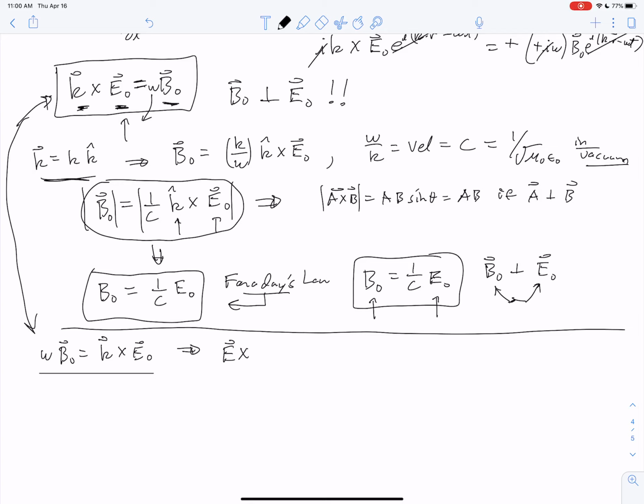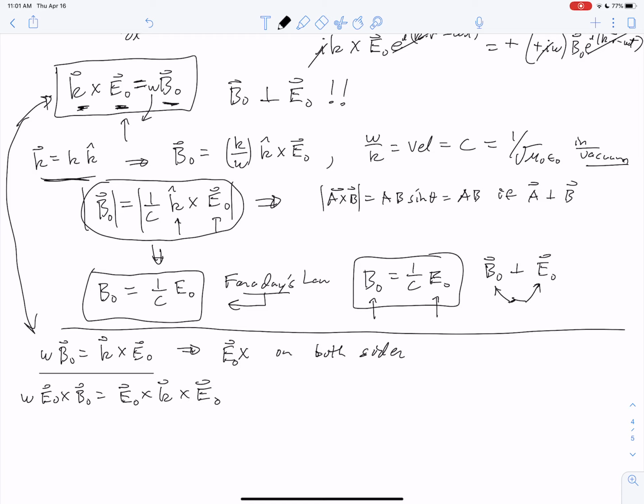If I cross both sides with that, then I have omega E naught cross B naught, and then E naught cross k cross E naught.